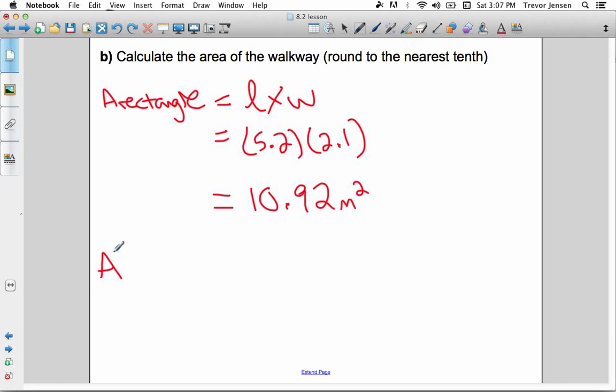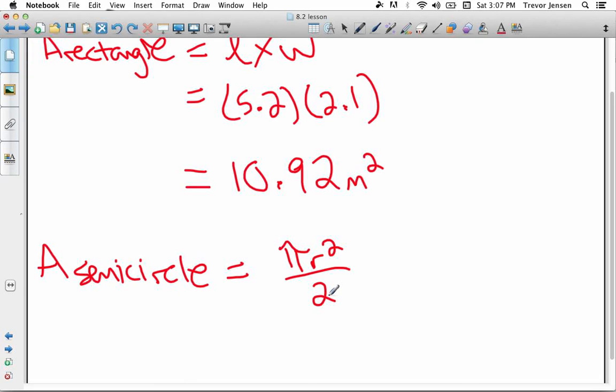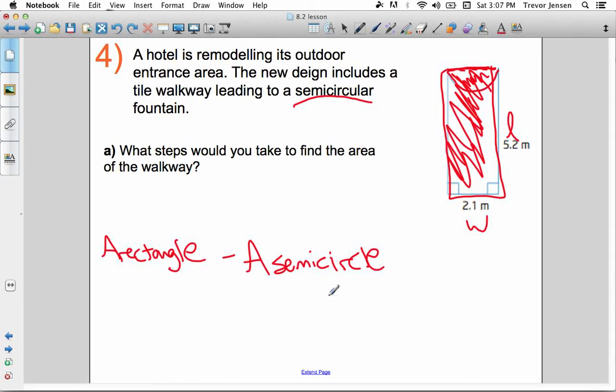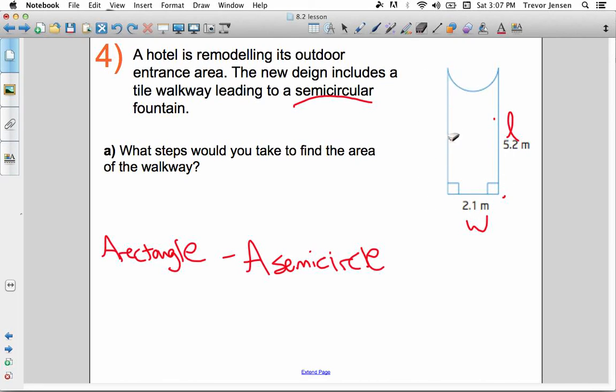Now I'm going to need to find the area of the semicircle. So remember, the area of a circle is pi r squared. A semicircle is half of a circle, so I'm going to need to divide that in two to find the area of the semicircle. Let me just erase this rectangle that I constructed so that I can see the semicircle that I must subtract from that.